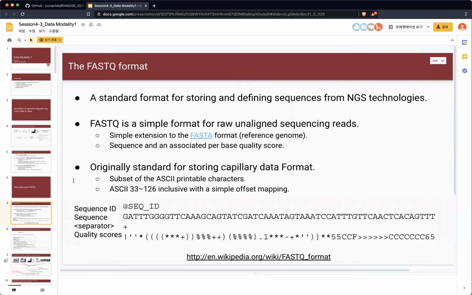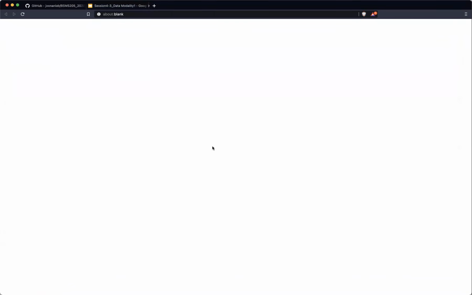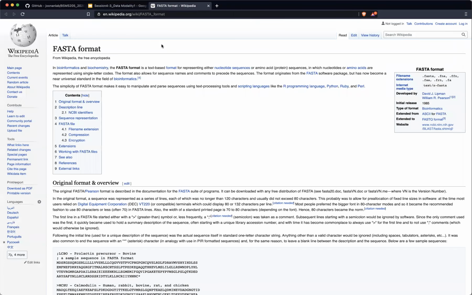So we have to look at the FASTA format first. If you go to Wikipedia, the FASTA format is the file format for storing reference genome sequence or, in early days, reference protein sequence.